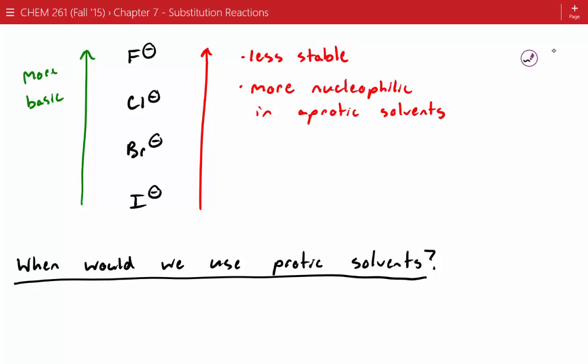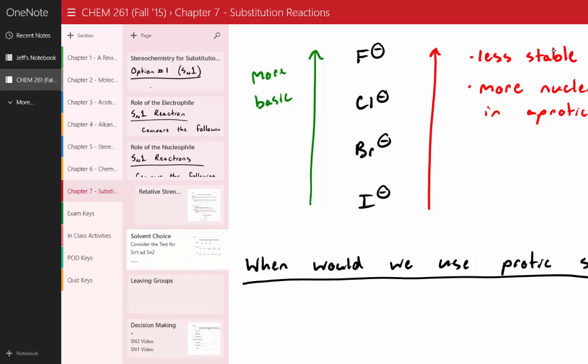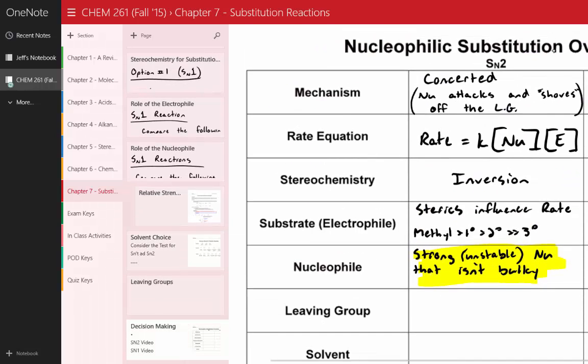What do you think? Well, like if you got a lot of steric hindrance going on, like a tertiary carbon. Okay, so maybe with the tertiary carbon, what sort of reactions do we perform at a tertiary carbon? SN1. So do you guys remember that sheet we were working on the other day, the decision-making sheet?